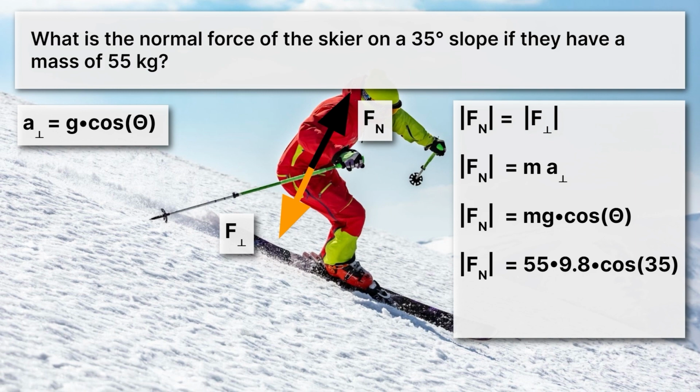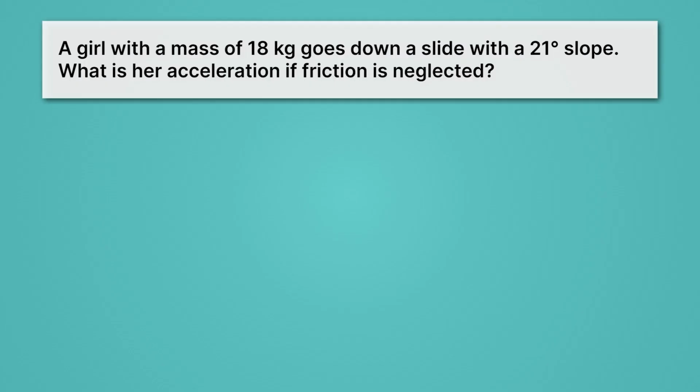And then we plug in 35 degrees, again, for the slope that the skier is on. That's going to give us a normal force of 441.52 newtons. And again, if we round to 2 sig figs, we'll keep those first 2 4s, and we'll get 440 newtons.